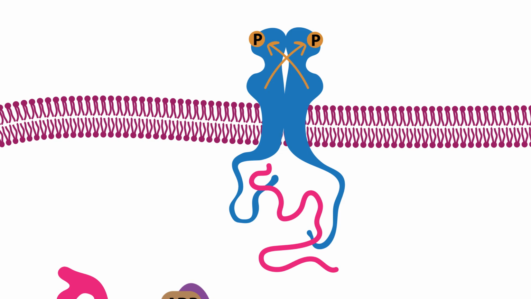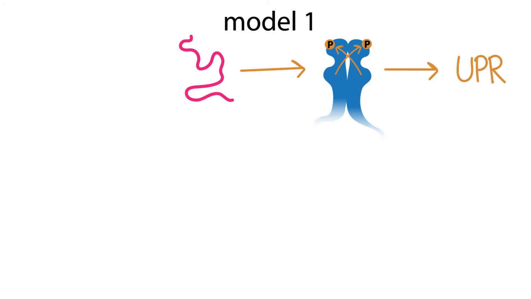Please note that in this scheme, the unfolded proteins are an activator of IRE1 self-association and subsequent transmolecular activation. And in this scheme, BIP acts as an inhibitor of that activator.